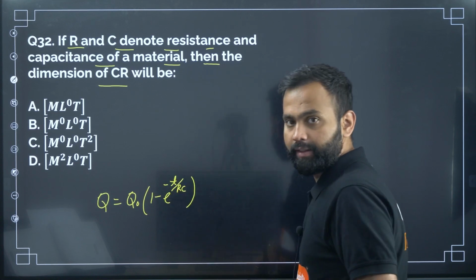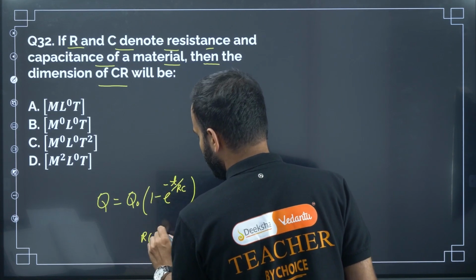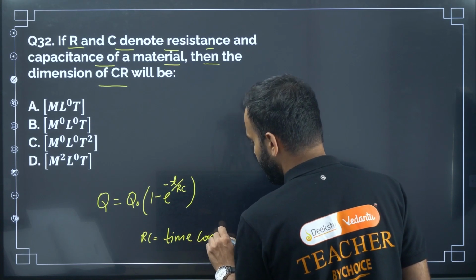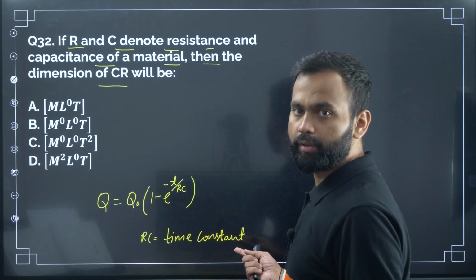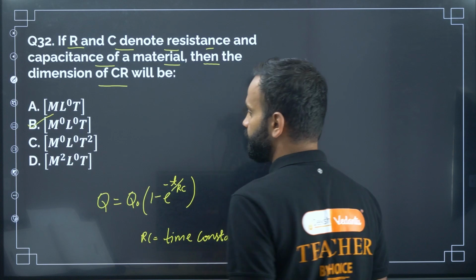So what is RC? It is the time constant. So the dimension of RC must be equal to the dimension of T. So the correct option is B.